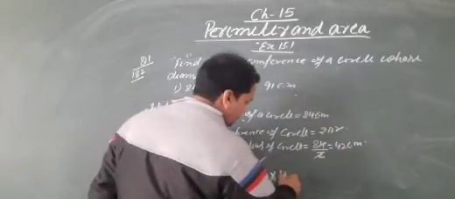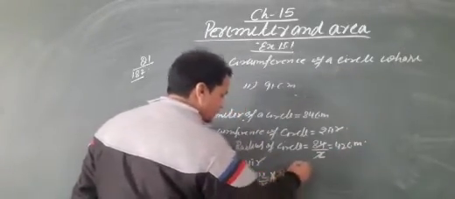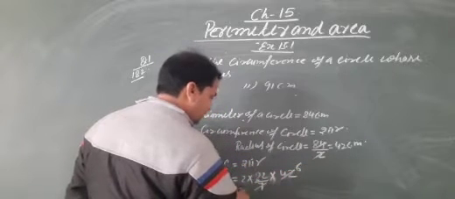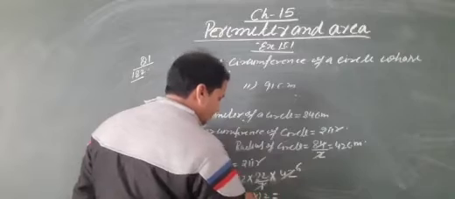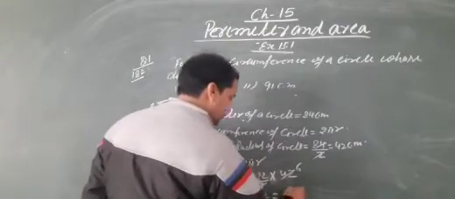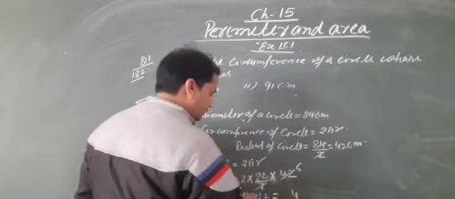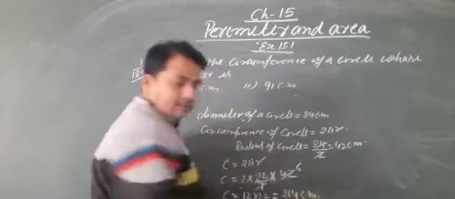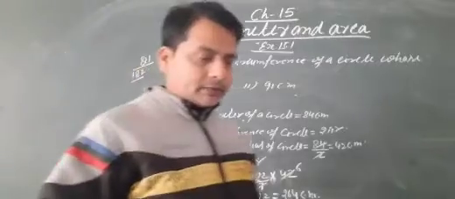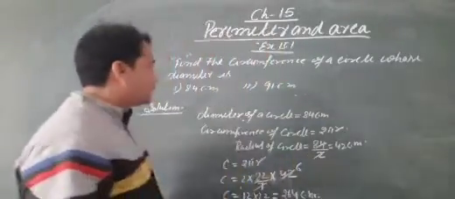Then 42, that is 6, and 6 into 2 into 22, then 12 into 22, 264 centimeter. So it is clear that the circumference is 264 centimeter.